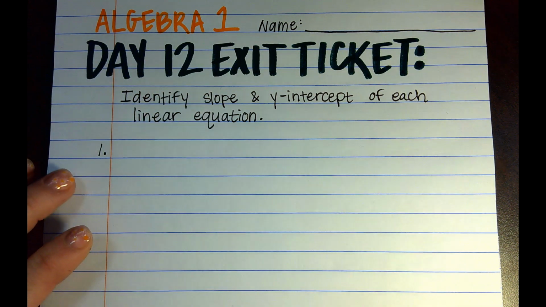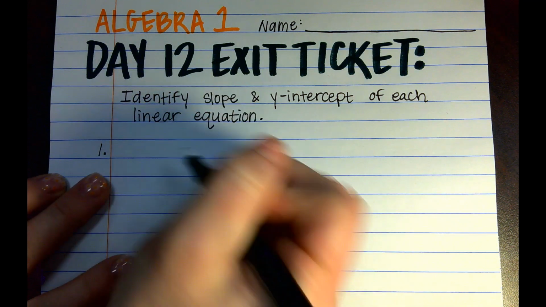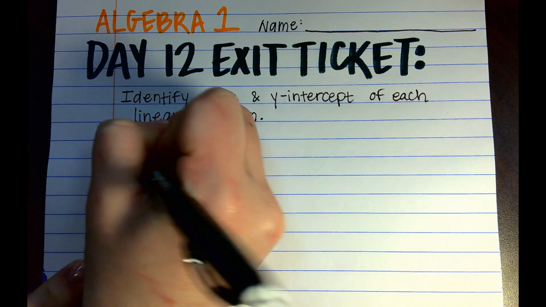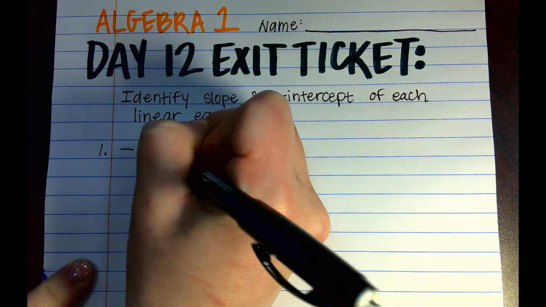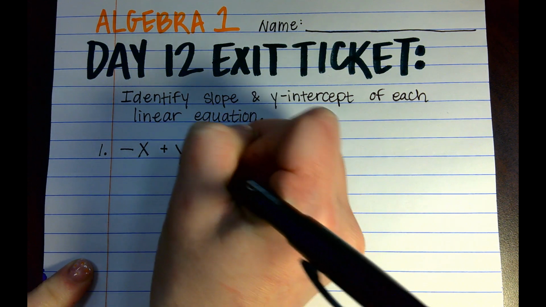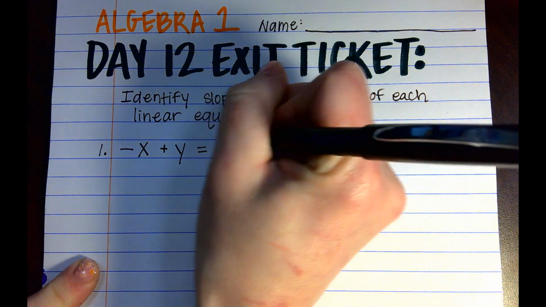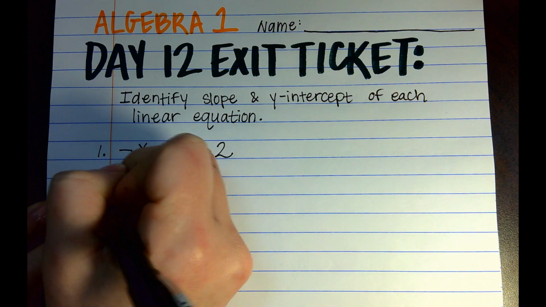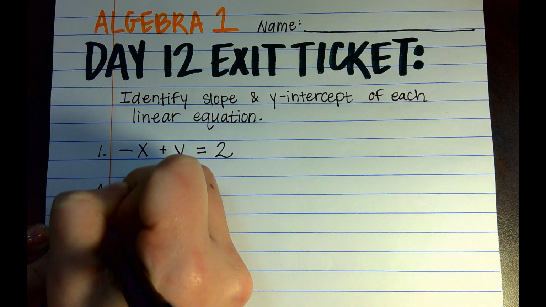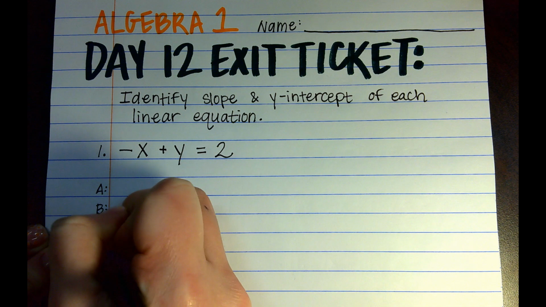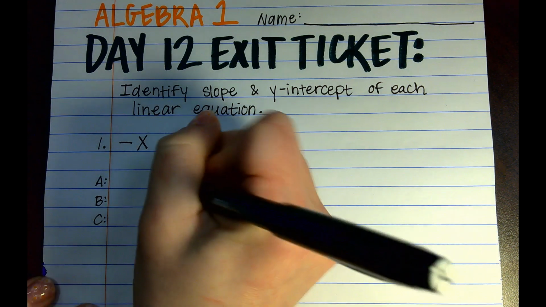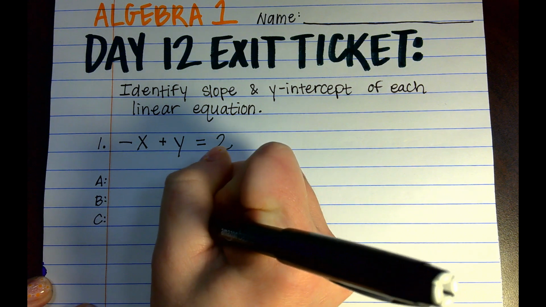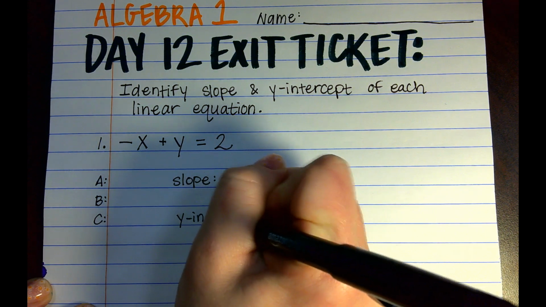So number one, I'll give you a tricky one. Negative x plus y. I'll give you a spot to write your A, your B, and your C, and then your slope, and your y-intercept.